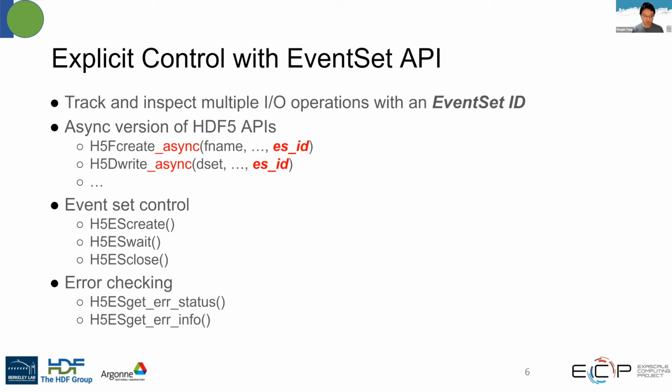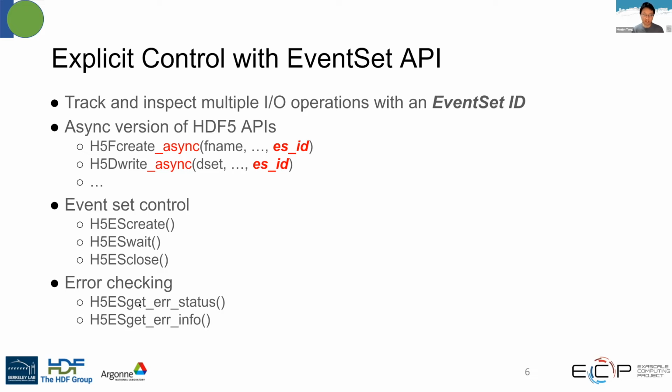And then for error checking, async errors can be tricky, because they do not happen as you call the asynchronous APIs. By default, we will not report any of the errors into the error stack, as is the case with the non-async HDF5.